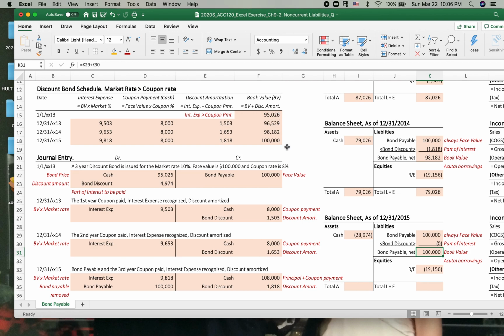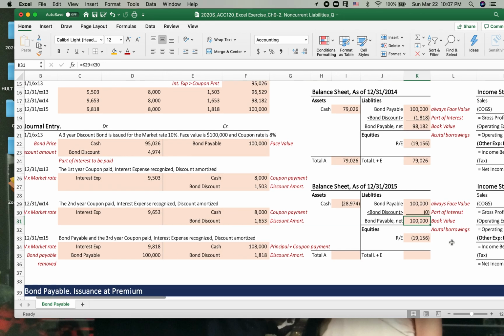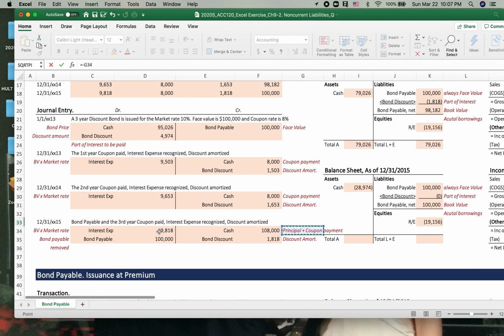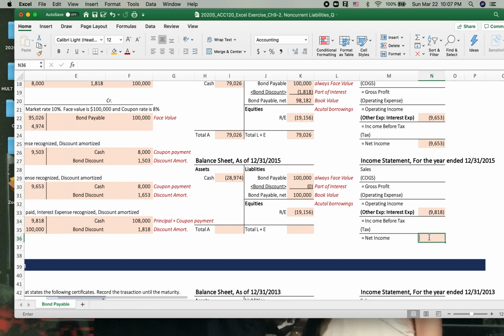Okay, the difference between the two, which is the bond discount, is the part of interest, the difference between the interest expense and the coupon payment. You guys got it? And then the interest expense on the last year should be linked, cumulated to the retained earning.